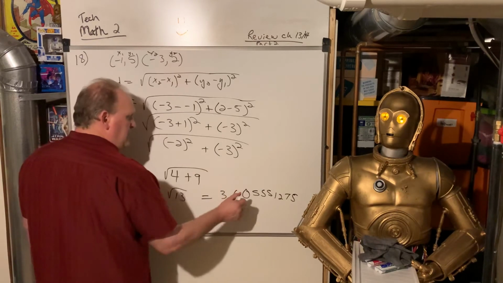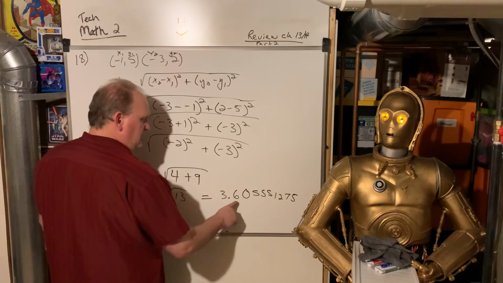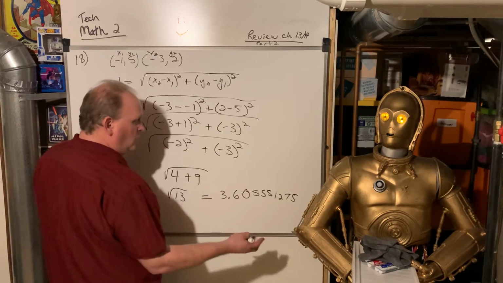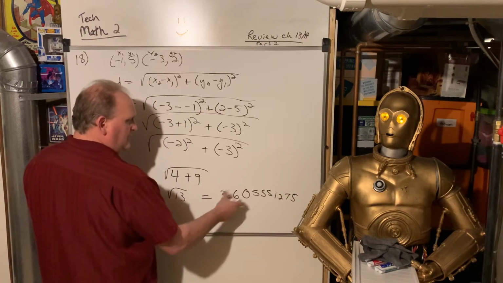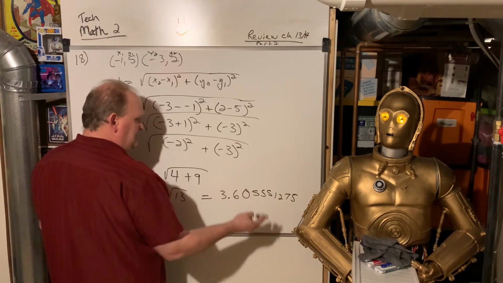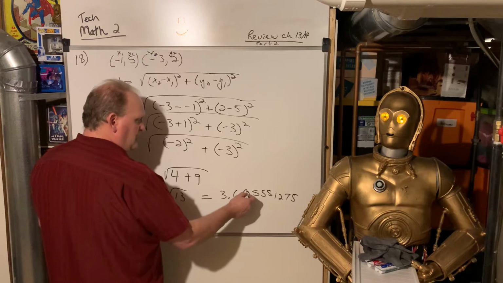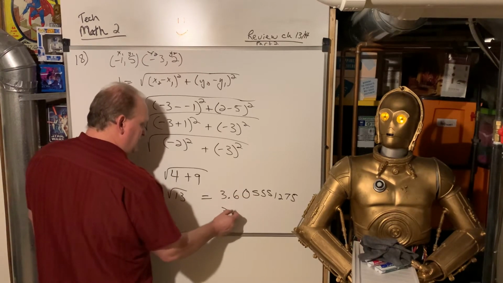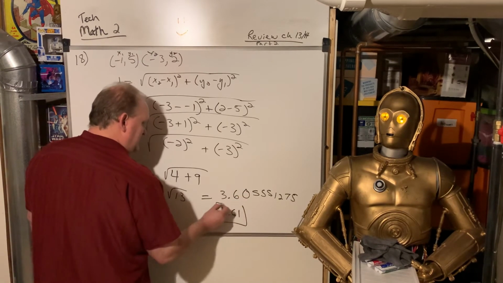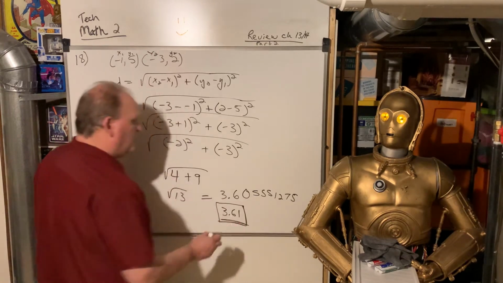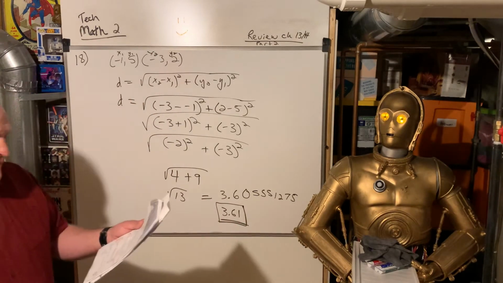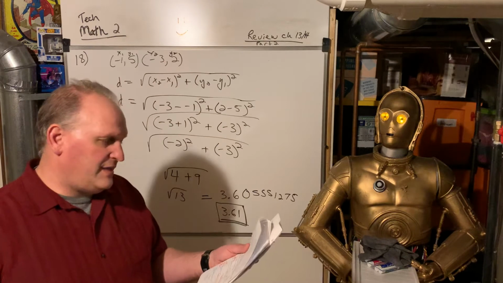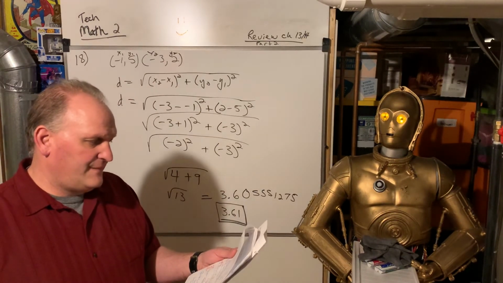They only want 3. Remember how that works: it's just 3 numbers, or if there's a 0 included, then it counts as significant. If it's on the end, it doesn't count. But this one, we would round up. So 3.61, 3 significant digits. Wow, that's all the way back to Techmath 1. We did sig digs.